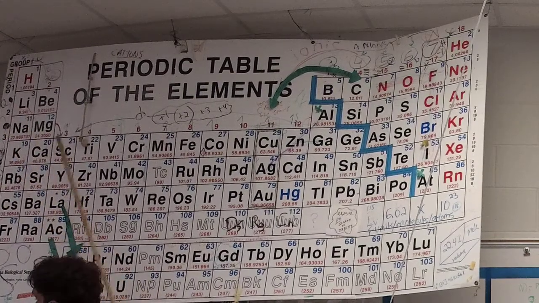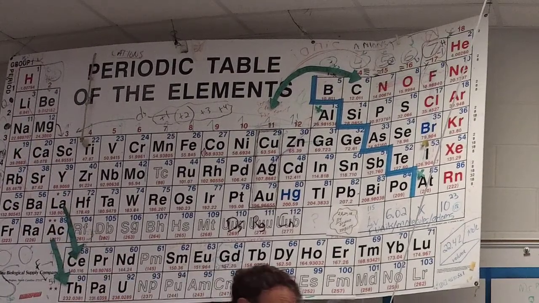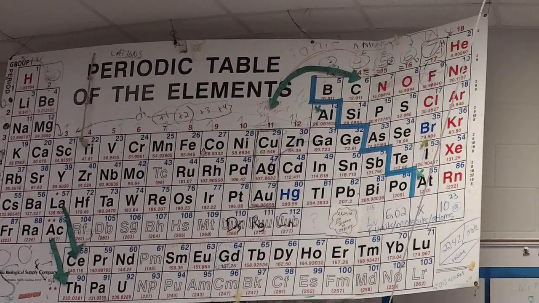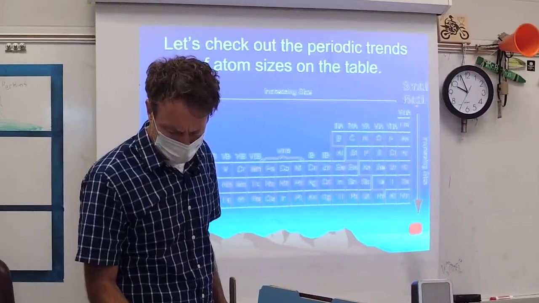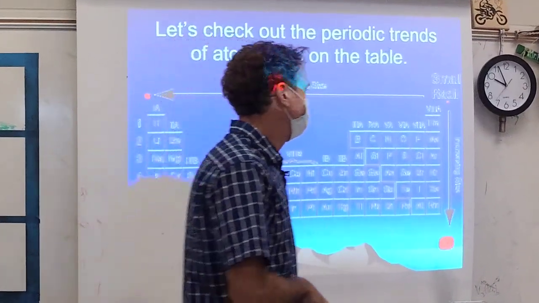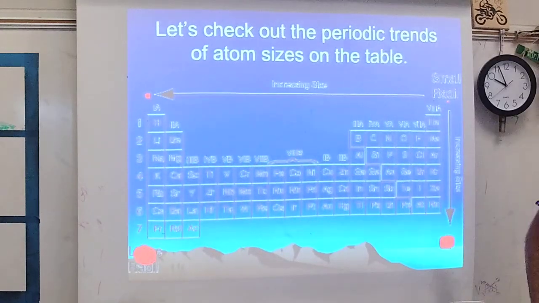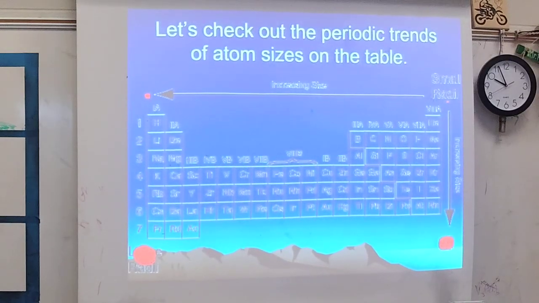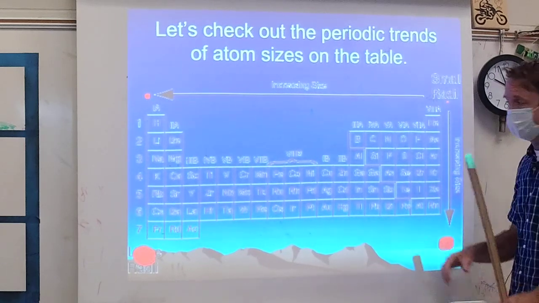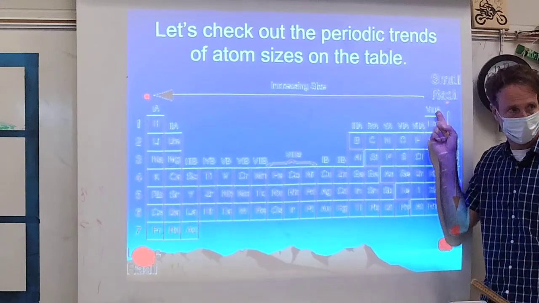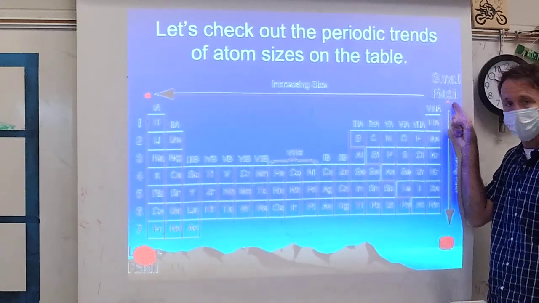So there are trends. Well, one of the trends that is very consistent on the periodic table is the size of an atom, all right? There's a periodic trend about the size of atoms, okay? And it goes like this. The very smallest atoms are in the upper right-hand corner.